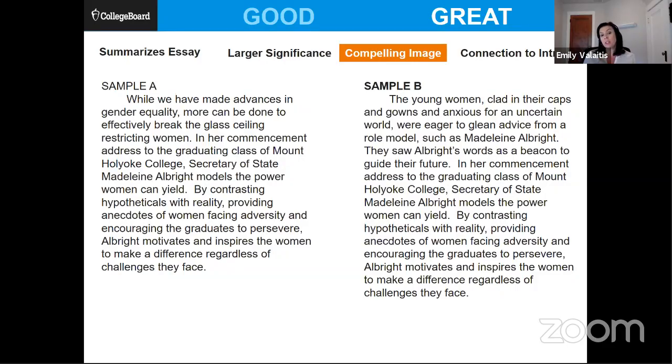You could also make the case that it's speaking to style by using that simile of "her words were a beacon to guide their future," comparing her words to light, this thing that's propelling them into the future. I also like that both of those things are not a far stretch. That's an image that we could picture in the text of those young women sitting in this larger audience listening to Madeleine Albright. The student sets that scene a little bit more.